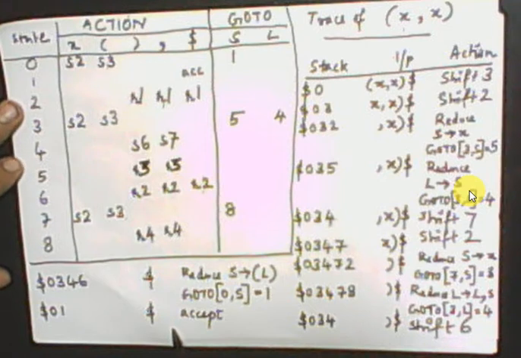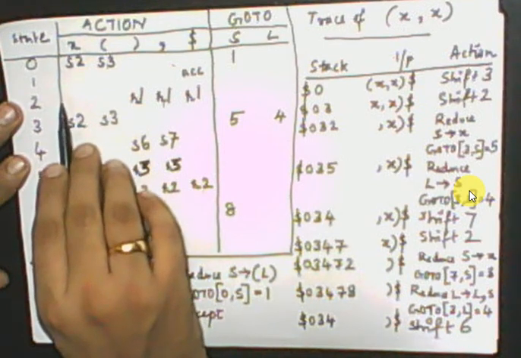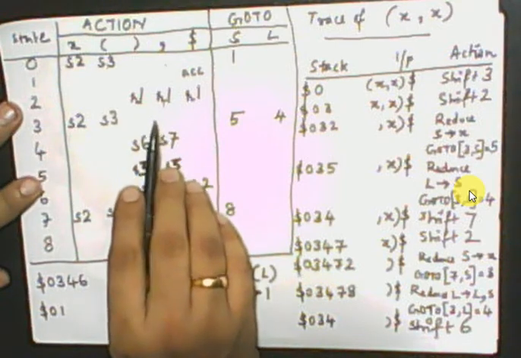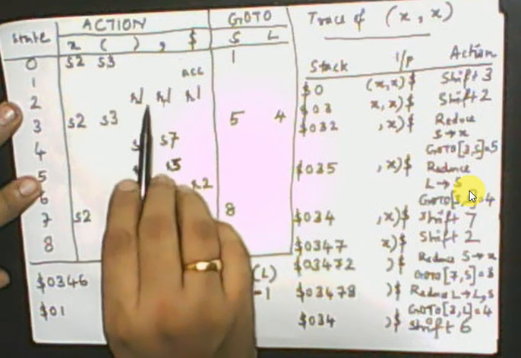So the only difference between LR1 and LR0 and SLR1 is that in LR0 you will have reduction operations for all the terminal symbols across a particular state. Here it is only for the follow of the particular reduction. Suppose R1 means the first production.